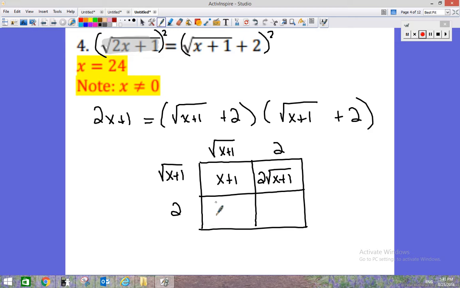And then 2 times that, we have another 2 of these radicals. And 2 times 2 is 4. So along this diagonal, I have x plus 5. And along this diagonal, I have 4 of these radicals.